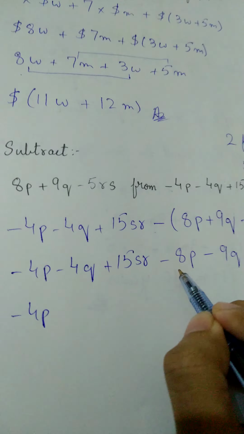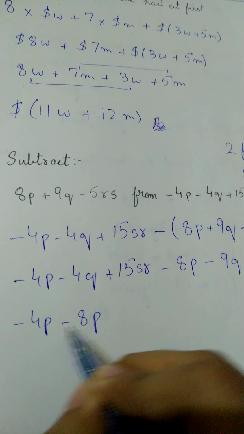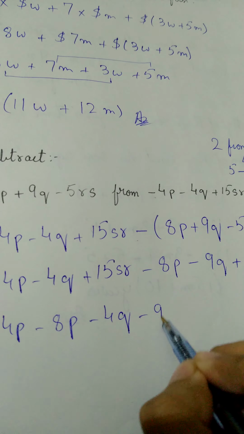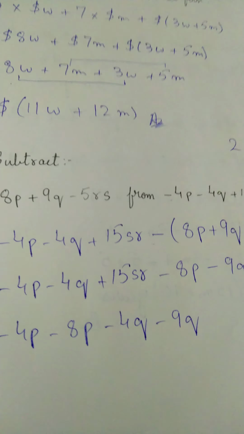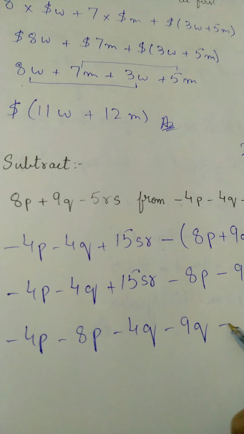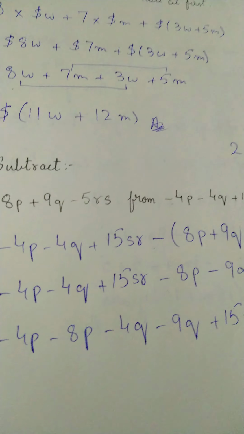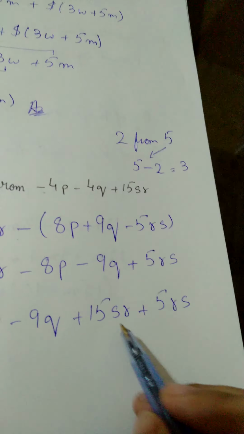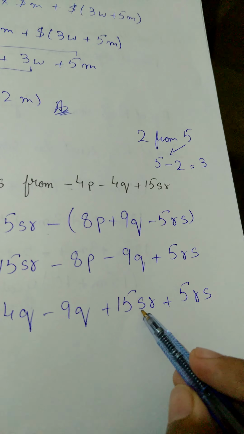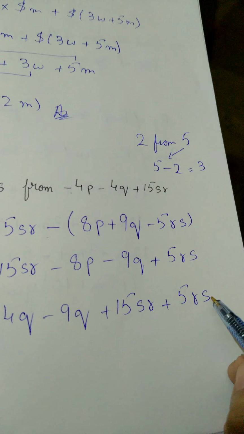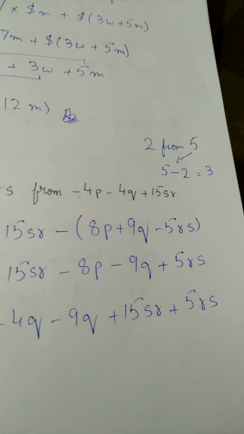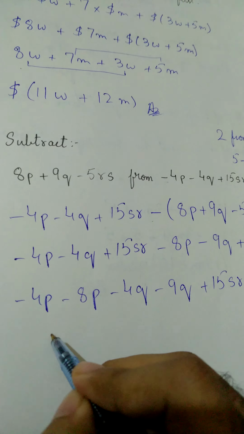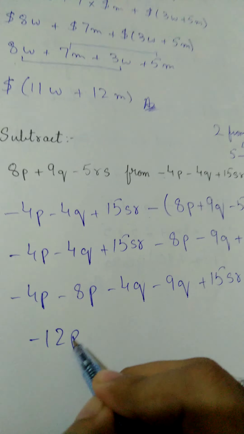Minus 4p minus 8p, p and p together, and then minus 4q, we have minus 9q here, and then we have plus 15sr and plus 5rs. So sr and rs, don't be confused. If the variables are the same, s and r, we can solve them together. It's not a problem here. So minus minus plus, we just have to add them. 8 plus 4 is 12, and then minus sign, minus 12p.